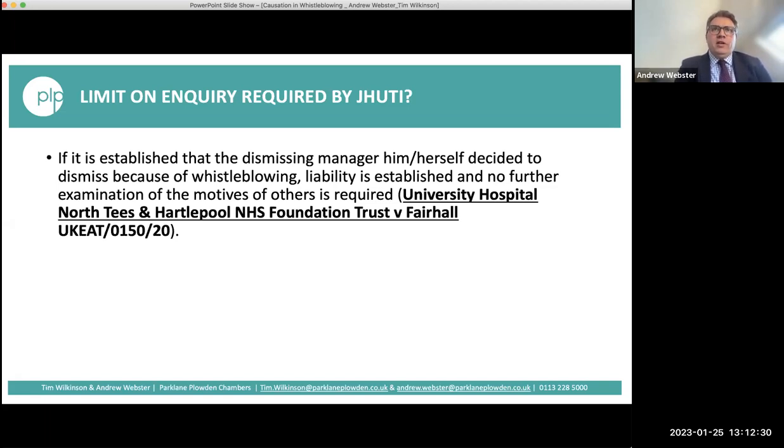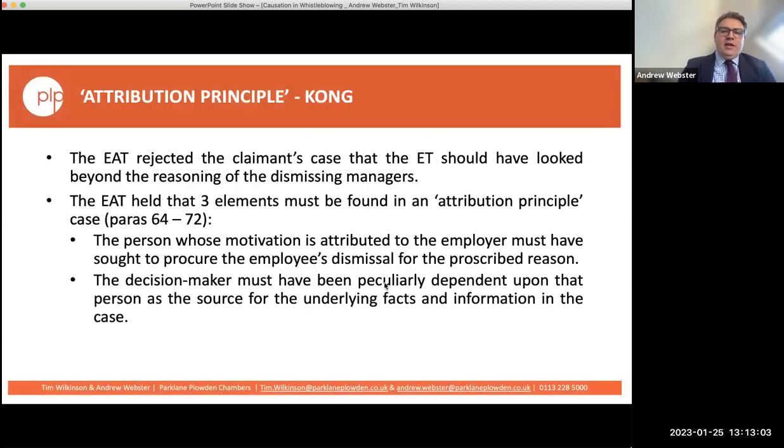That was the issue that went to the Employment Appeal Tribunal, and the Employment Appeal Tribunal gave a very clear view that once the ET has reached the conclusion, as a matter of fact, that the dismissing decision maker had dismissed for the principal reason or sole reason that disclosures had been made, no further inquiry was required. And there was more than a hint from the EAT in that case that it doesn't expect to see Duty cases prosecuted too often. Nevertheless, the matter came up again in Con.